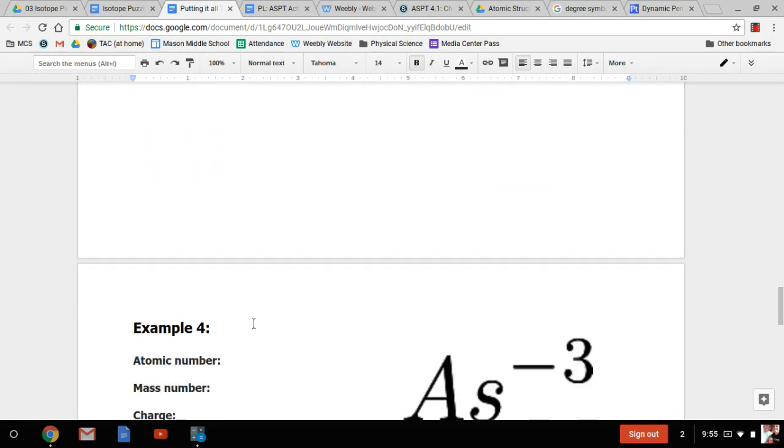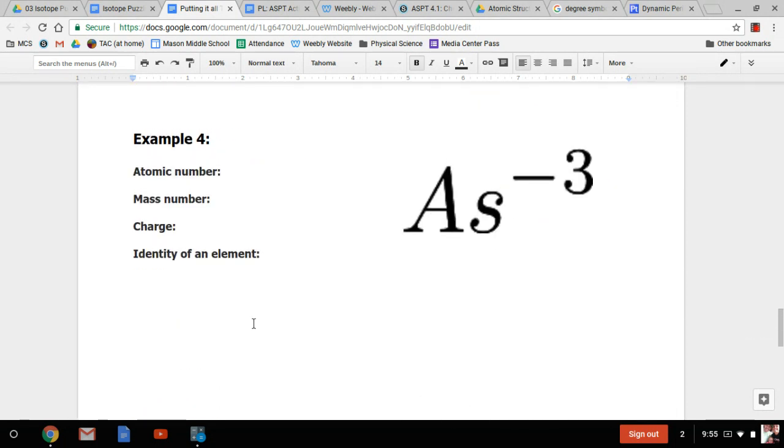All right, number 4, I told you we're going quick. The atomic number here, I can't get that from this diagram. It doesn't give me that number. However, if I find arsenic, which is As, on the periodic table, I should find that the atomic number is 33.